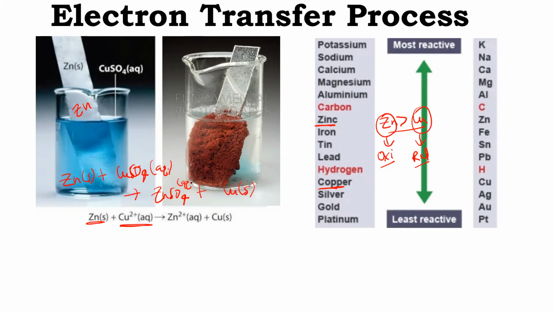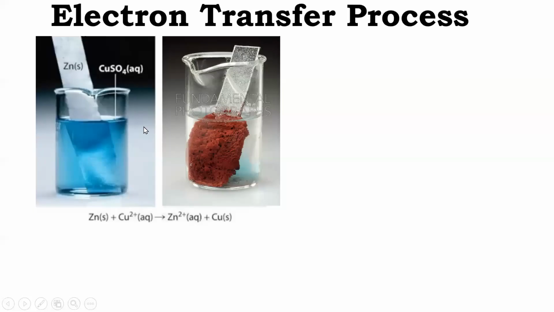Now the thing we can note down here is that there will be a change in color. The blue color will get converted into white or grayish color because the solution is changing from copper sulfate to zinc sulfate, right? Now let's understand how this is a redox reaction and how we can understand oxidation and reduction in terms of exchange of electrons.